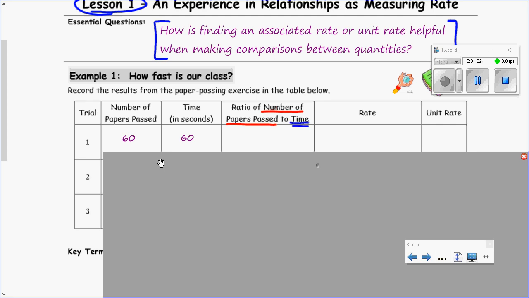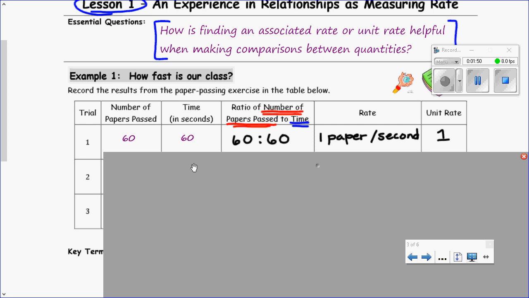The number of papers passed goes first, which is 60, and then the time goes second, which also happens to be 60. That means there is 1 paper per second, and the unit rate would be 1. That one was pretty easy.